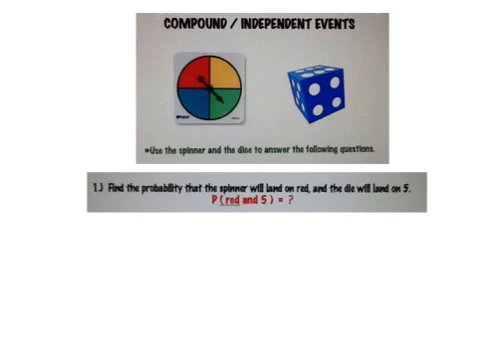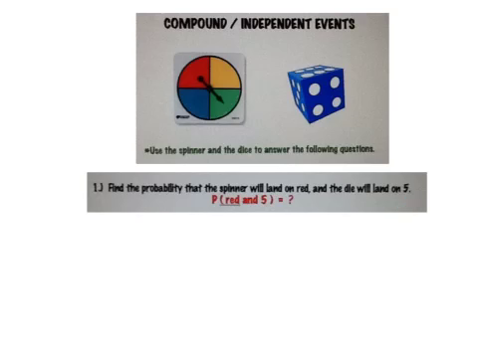Okay, the first problem says to use the spinner and the dice to answer the following questions. I'm only going to do number 1 with you, but there's a few more on the digital version still using the spinner and dice. Number 1 says find the probability that the spinner will land on red and the die will land on 5.